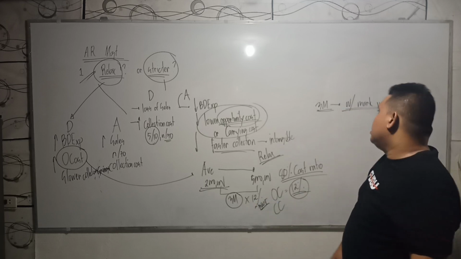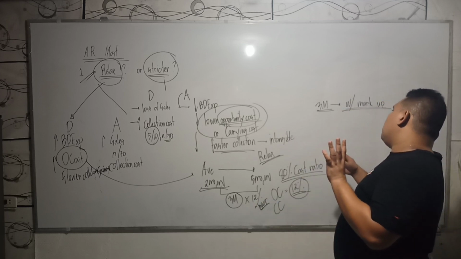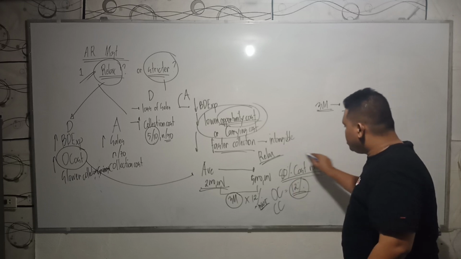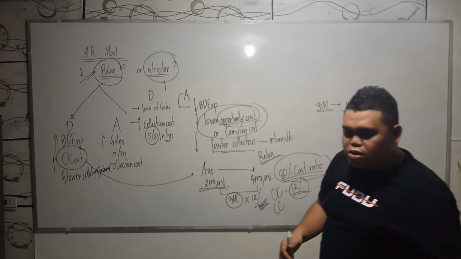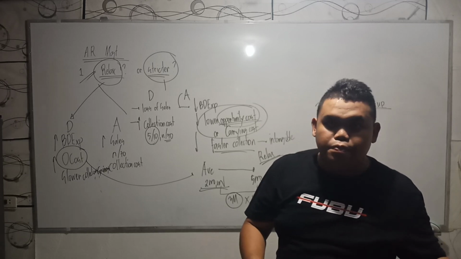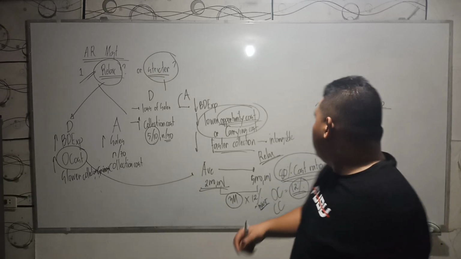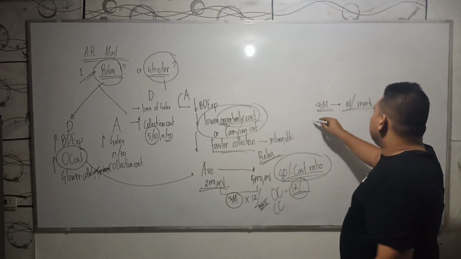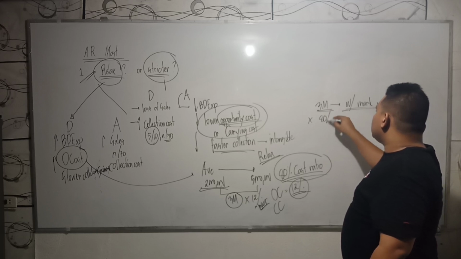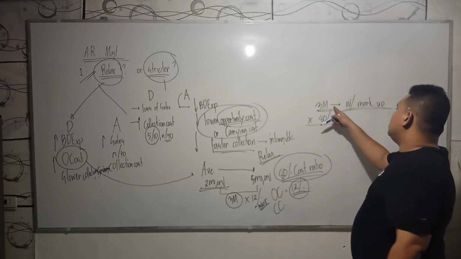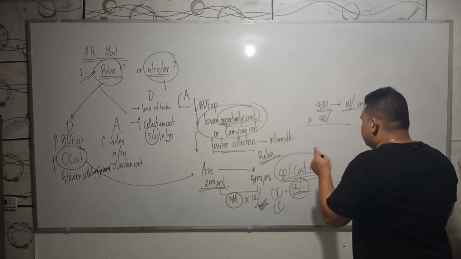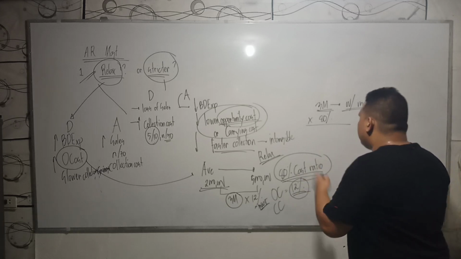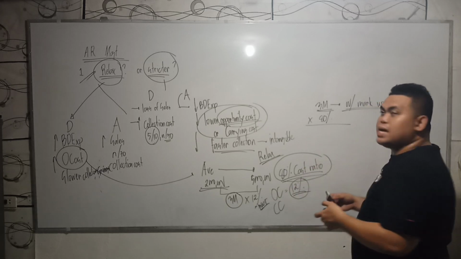Okay? So what will you do? Of course, you find the cost ratio. The cost ratio is the percentage without markup. Do you get me? So we need that 80% cost ratio so that we can already multiply the opportunity cost rate or the carrying cost rate of 12%.